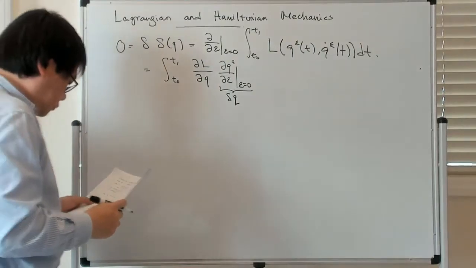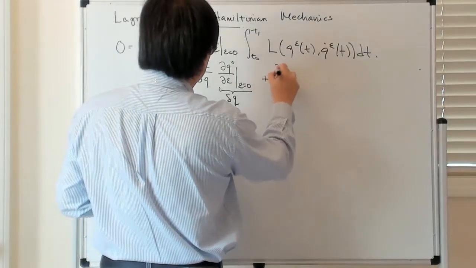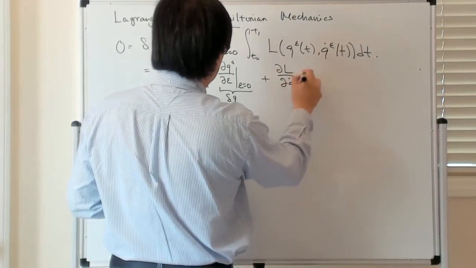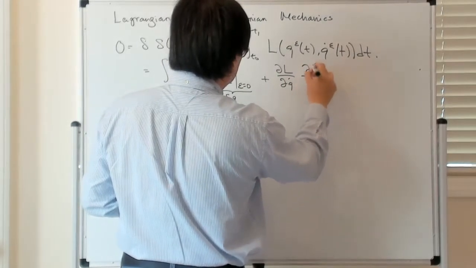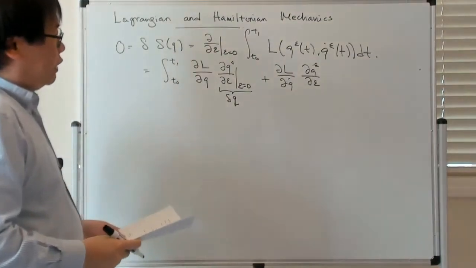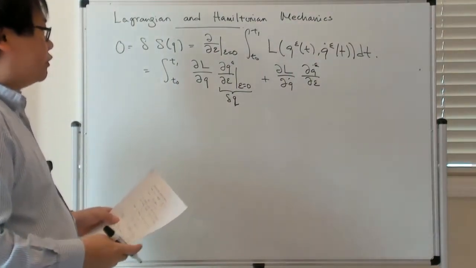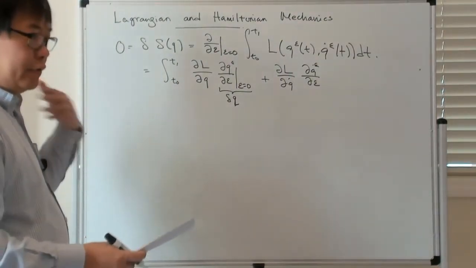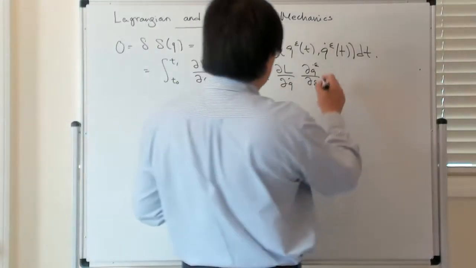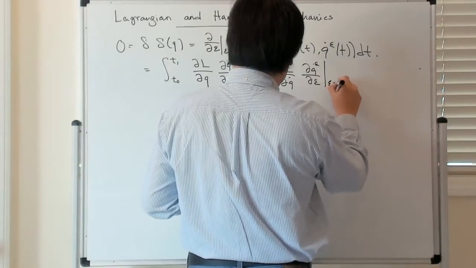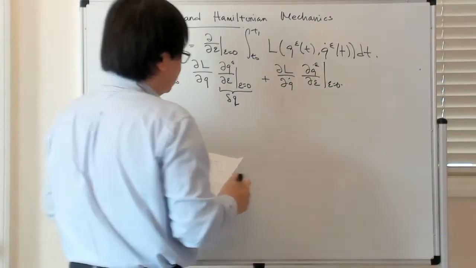Then you do the same thing: you get dL/dq dot times the partial derivative with respect to epsilon of the time derivative of q epsilon, again evaluated at epsilon equals 0.